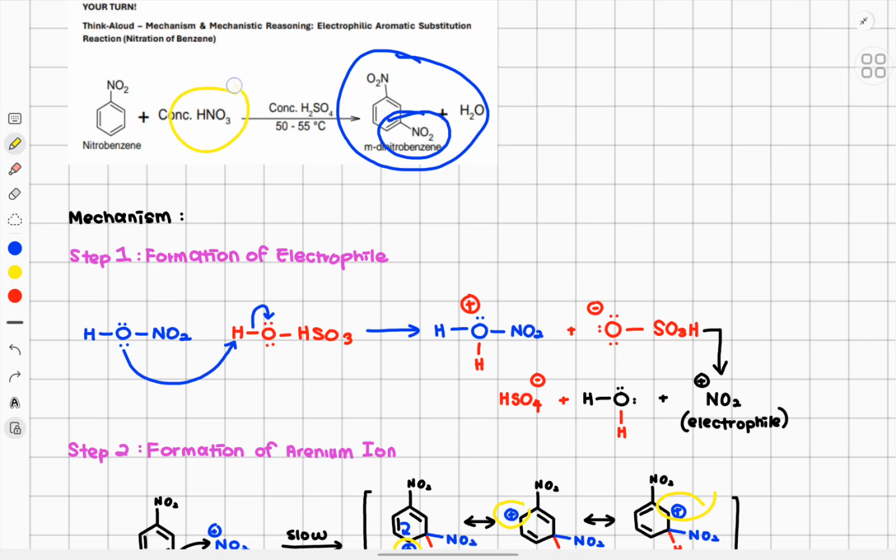So from here, we know that the electrophile is the cation, which is NO2+.